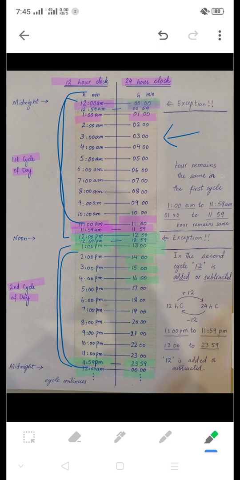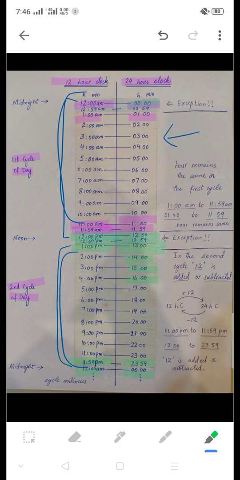Okay, now how will you convert? Whenever the time is given in the 12-hour clock system or the 24-hour clock system, the minutes will remain the same. You will see whether there is any need to change the hour or whether it will remain the same.